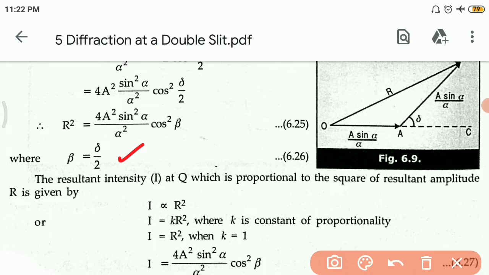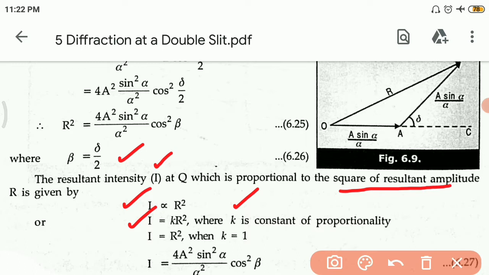Then the resultant intensity, if we call it capital I at the point Q, we know that intensity is proportional to the square of the resultant amplitude that is R, so I is proportional to R square. Suppose I equal to kR square, where small k is the constant of proportionality.